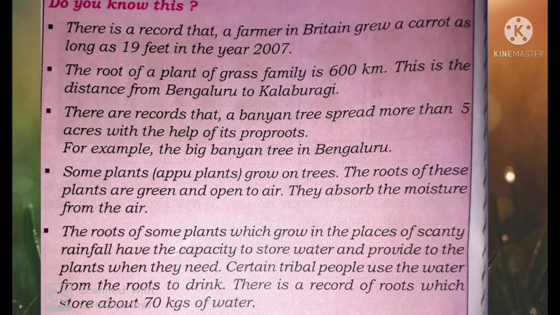This is the distance from Bengaluru to Kalaburgi. Think of it. There are records that a banyan tree spread more than 5 acres with the help of its prop roots. For example, the big banyan tree in Bengaluru.